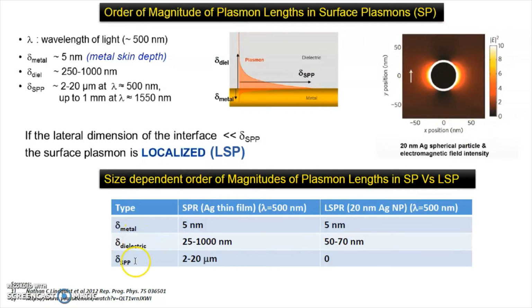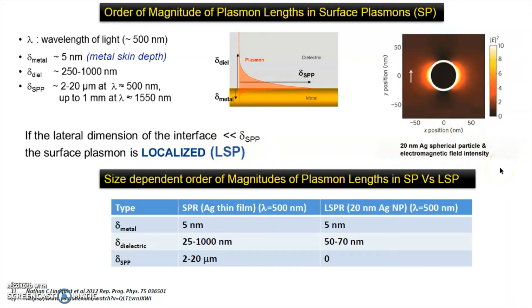But if you take delta SPP, because here it has a long surface, we know it propagates up to 2 to 20 micrometer. But here there is no long surface in the longitudinal direction, because it is spherical and symmetric in nature, and therefore here delta SPP is 0. Because for the silver nanoparticles delta SPP is 0, it means this field of surface plasmon is localized.